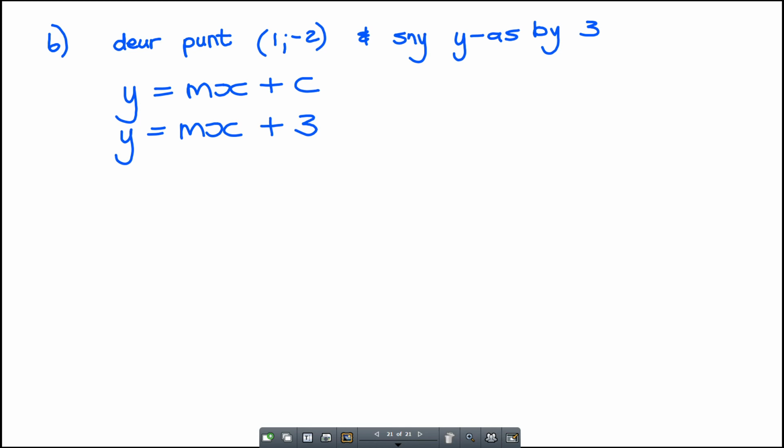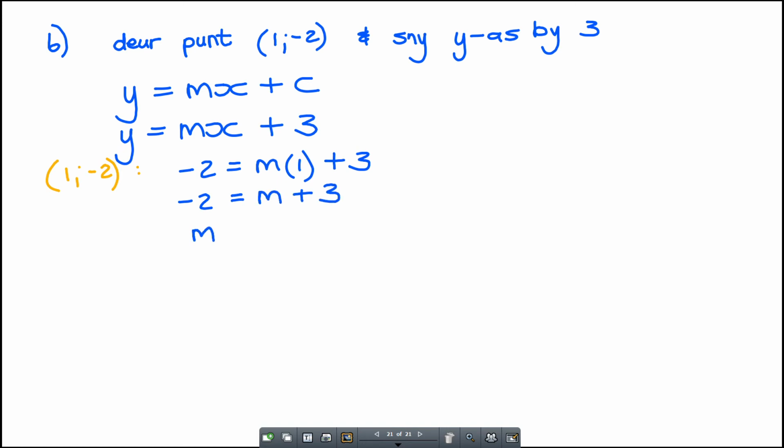Alright. So ons gaan stel nog gou in hierdie punt. Waar x 1 en y minus 2 is. So then I'd have minus 2 equal to m times 1 plus 3. Okay, so dan lyk hy mos nou eintlik net so.